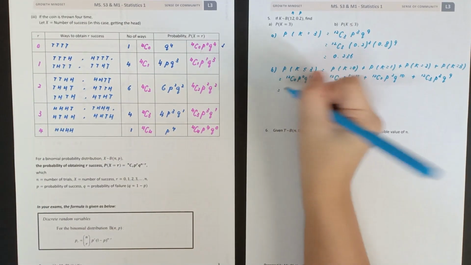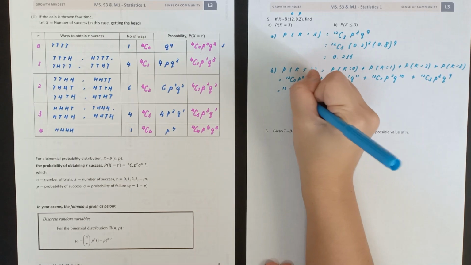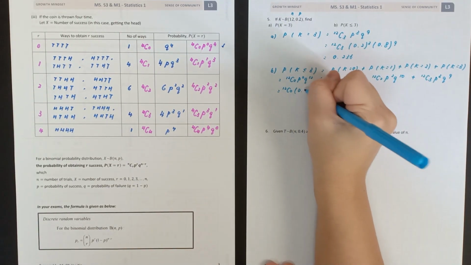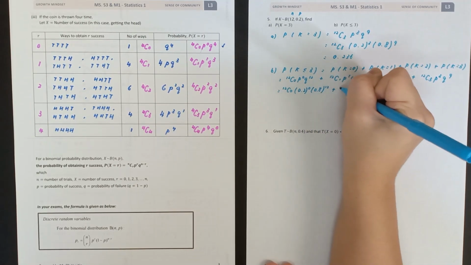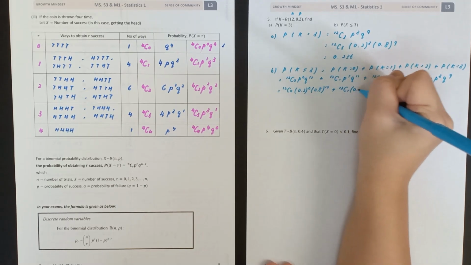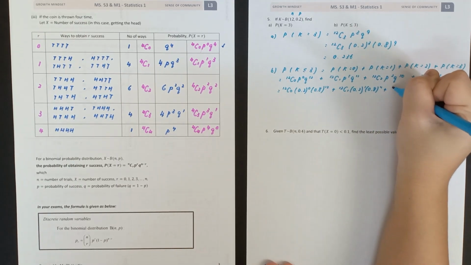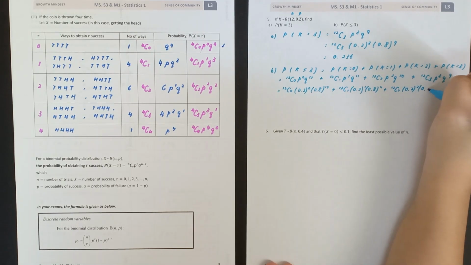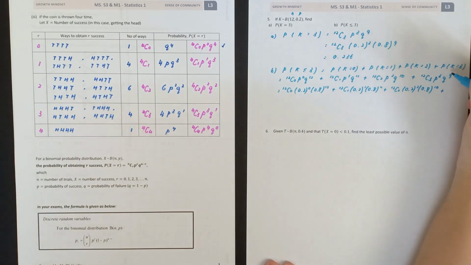Then you put in all your P and Q. By this time you should be able to do this already.